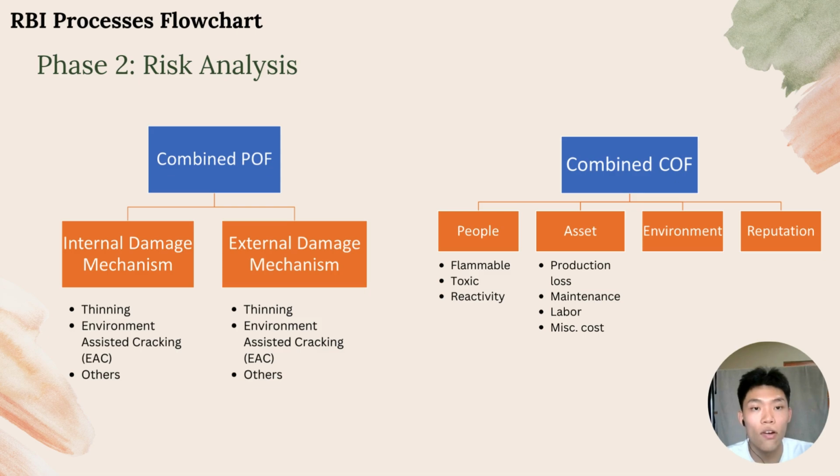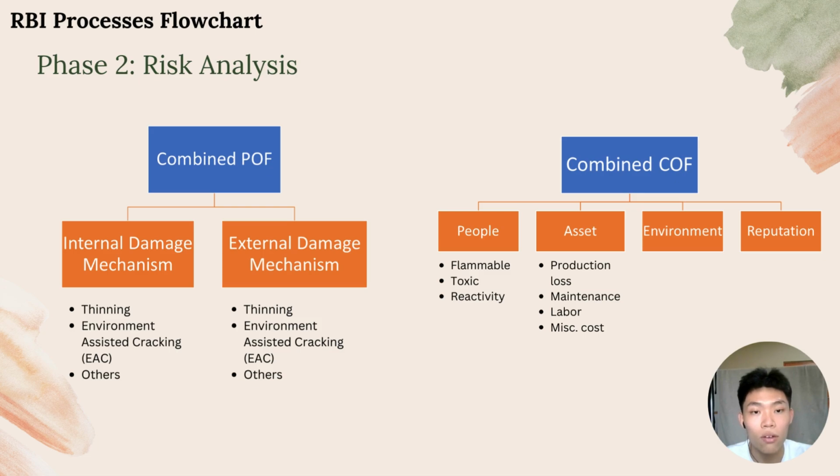The second phase involves conducting a risk assessment to obtain the risk profile for equipment. The probability of failure (POF) and the consequence of failure (COF) need to be evaluated. The POF assessment focuses on determining the likelihood of a failure event occurring due to internal and external damage mechanisms from corrosion.